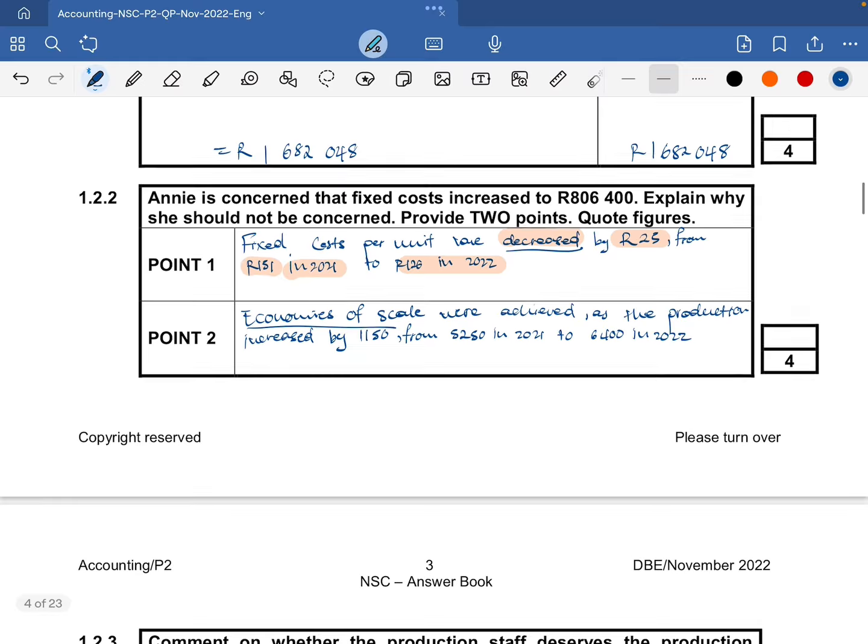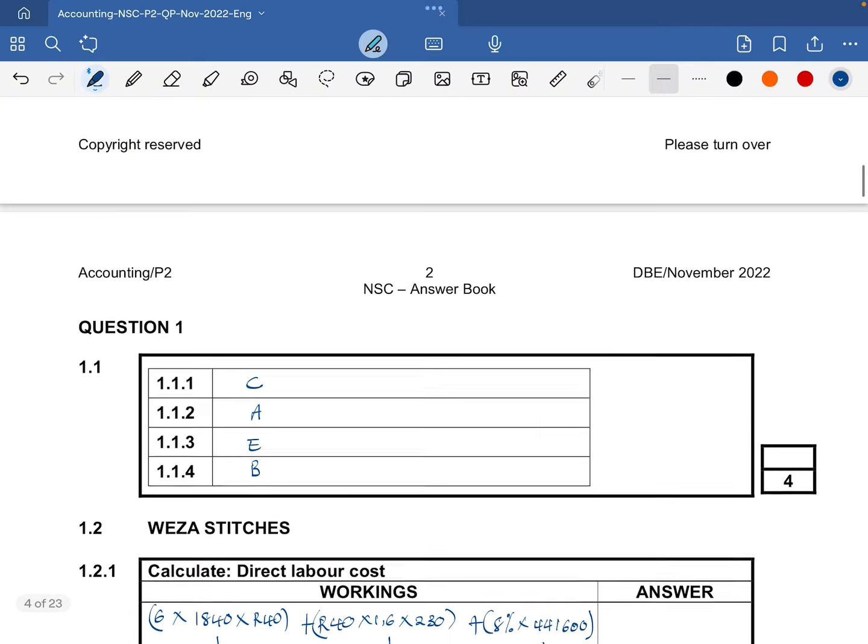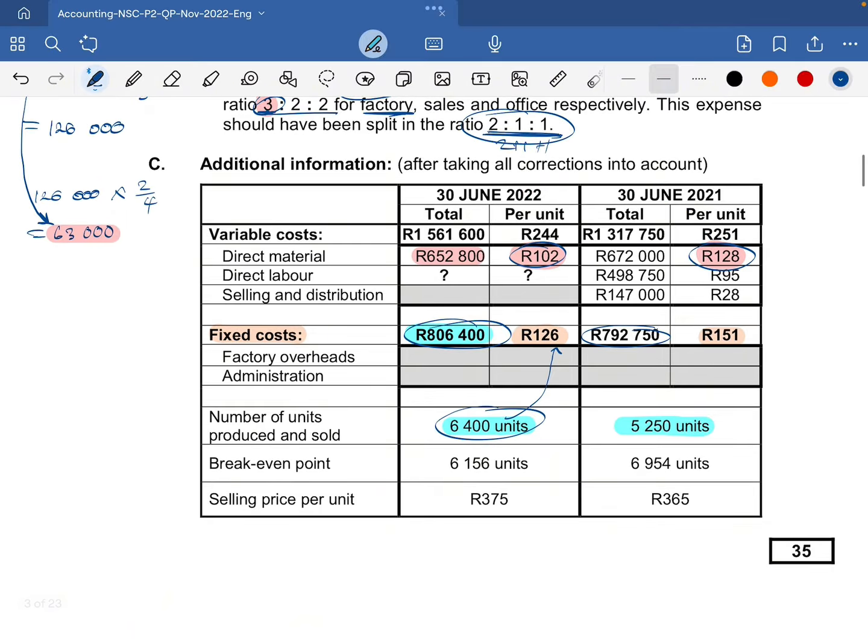Right, and now we're going to look at the last point that we have here. In this case, we are going to look at our BEP, which is our break-even point. We had a break-even point of 6,156 this year. Then last year we had it at 6,954.